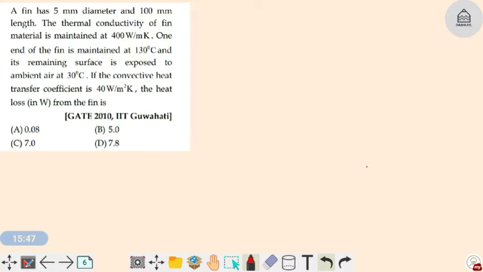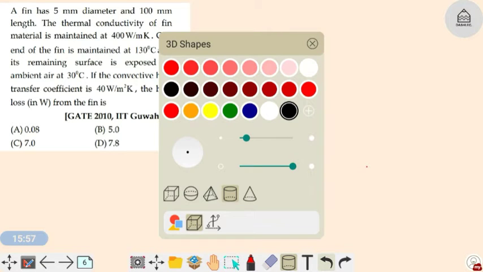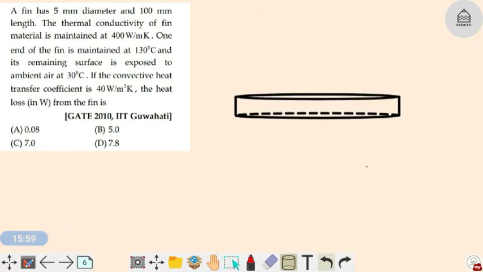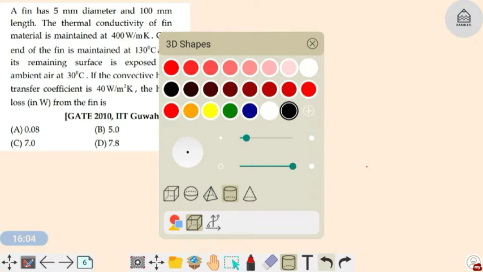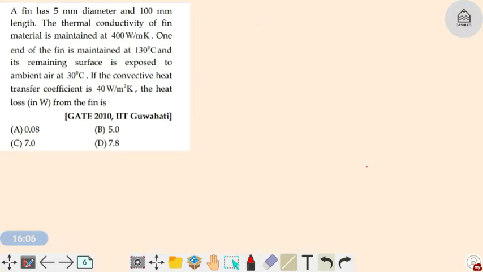The convective heat transfer coefficient is 40. Find the heat loss from the fin. Let me draw the figure first.